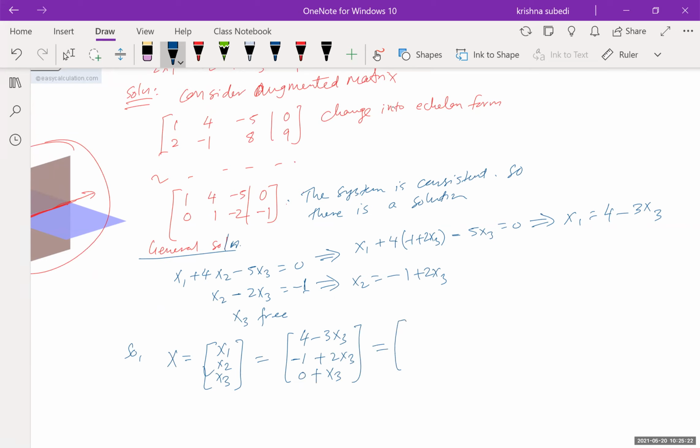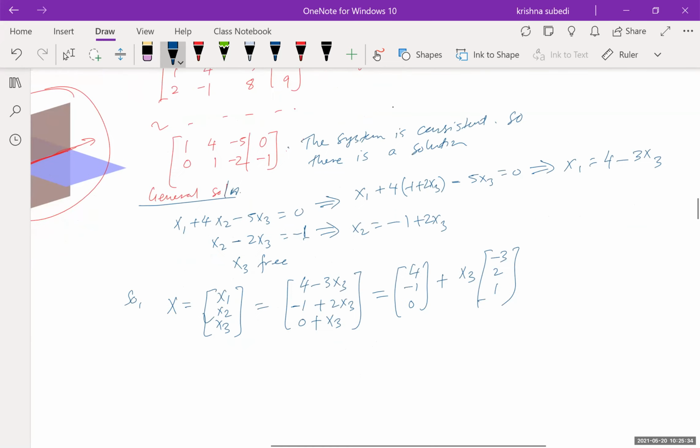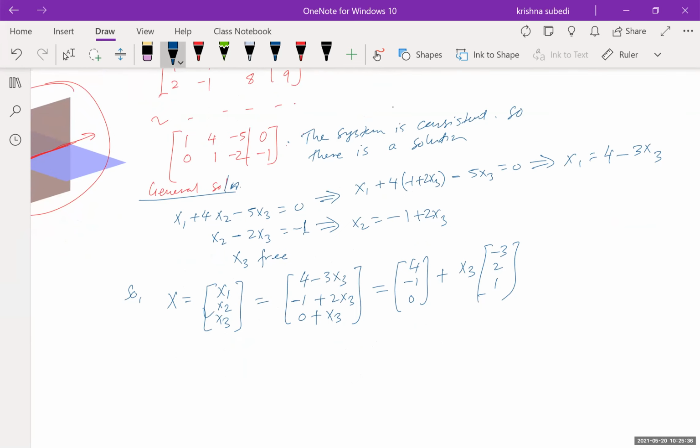So I can write this as 4, -1 and 0 plus x3, and another vector here will be -3, 2, and 1. Okay, so now we know that, let's say this is our u plus this is our v. Maybe this one is, let's say, p.